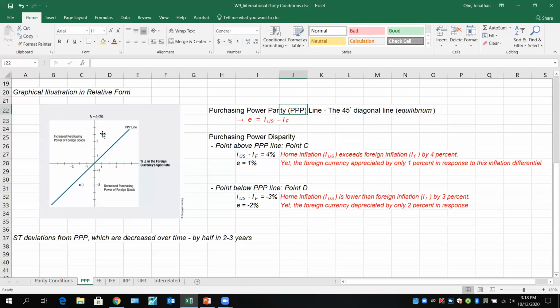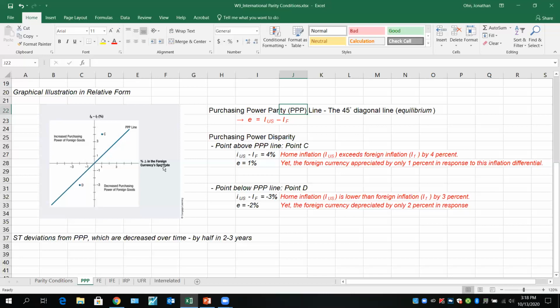So the flexible exchange rate will move itself toward the equilibrium. As the exchange rate increases, it should move this way, toward the purchasing power parity line. So how does that happen?